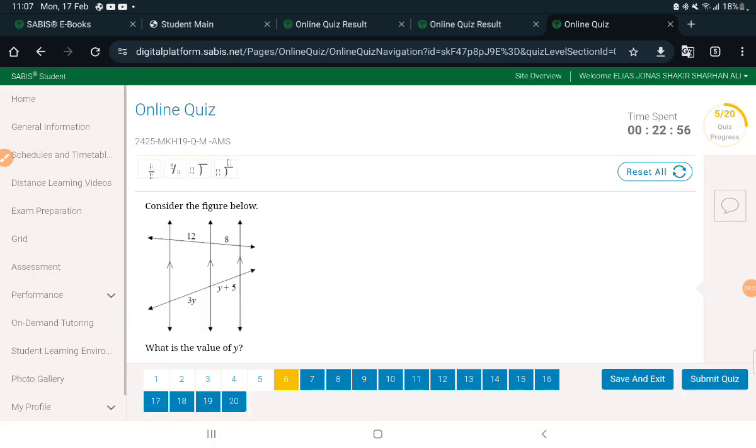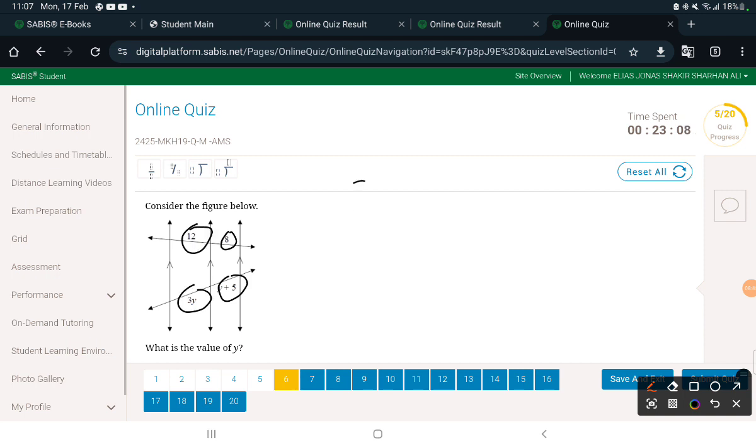So for this question, this is just the proportionality theorem, like the other question. 8 over y plus 5 equals 12 over 3y.